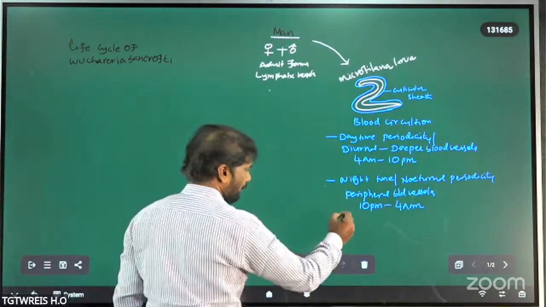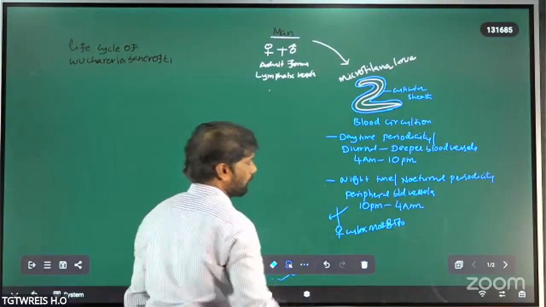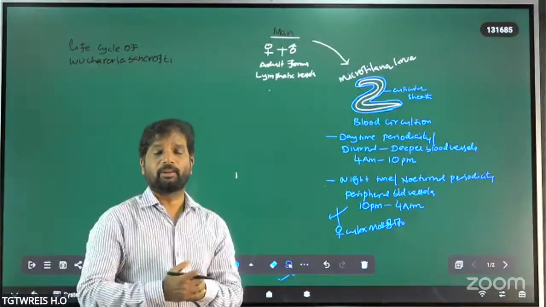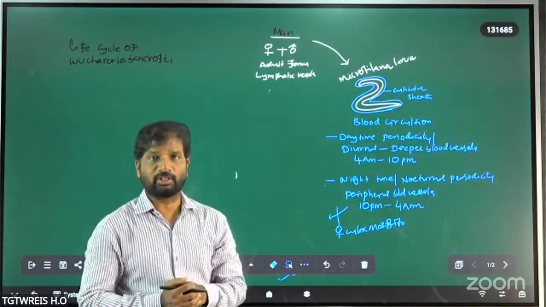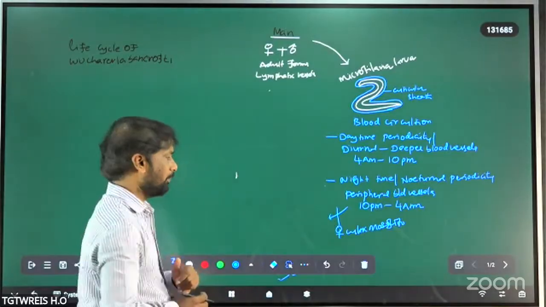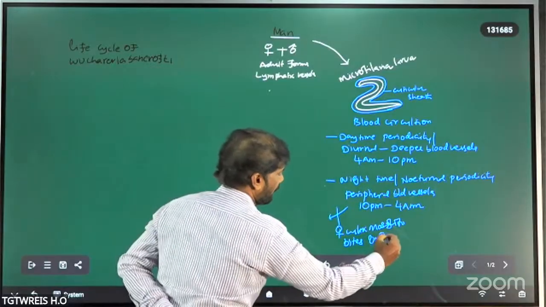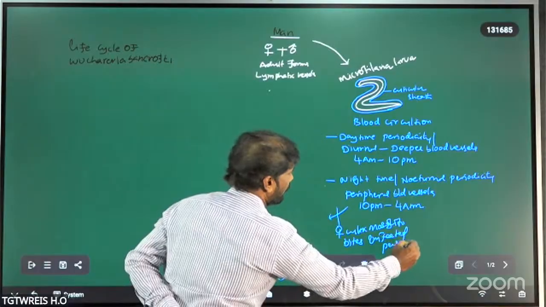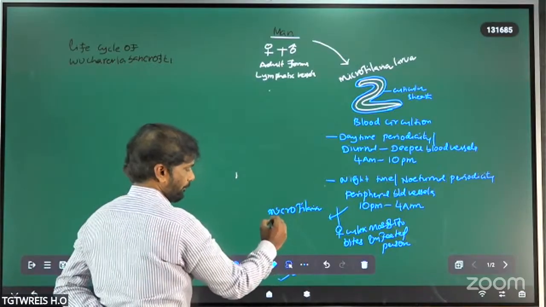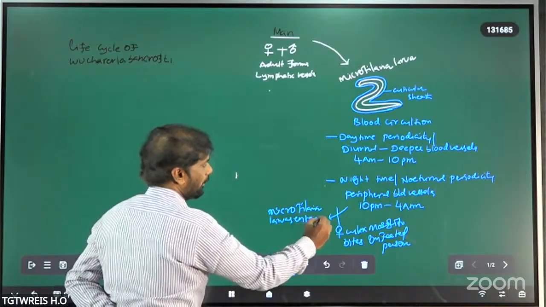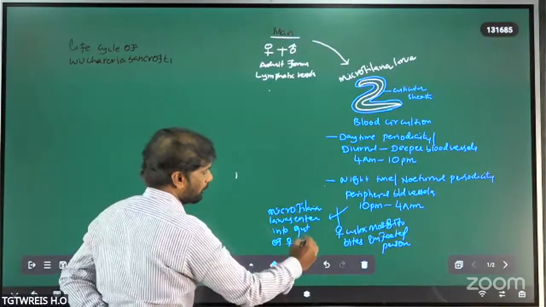Now, when a female Culex mosquito bites an infected person, these microfilariae larvae enter into the gut or alimentary canal of the female Culex mosquito.